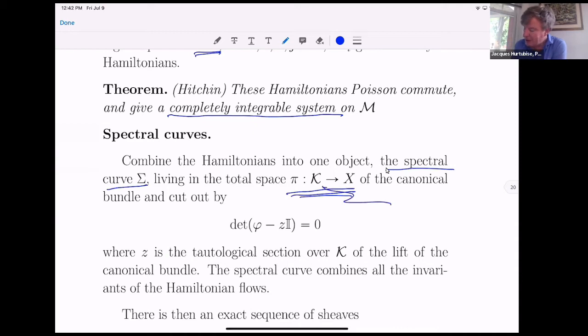So this, and this comes back later on, is naturally a symplectic surface. So it has a tautological two form on it, basically.